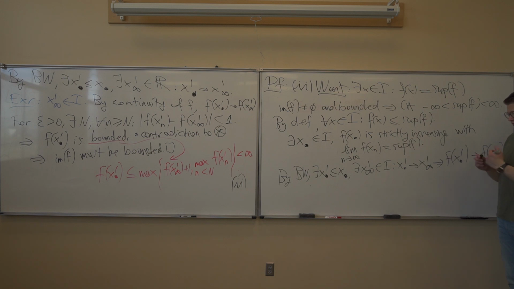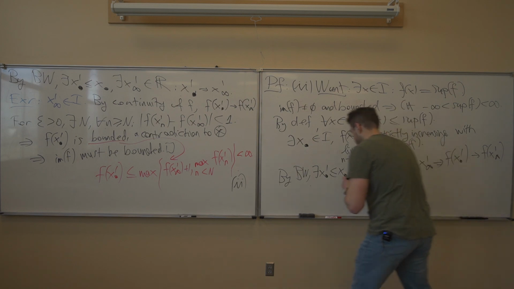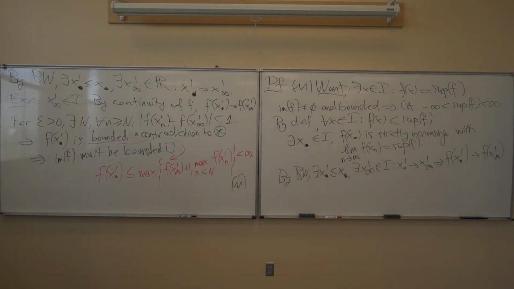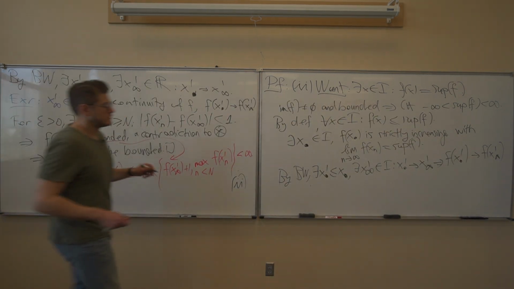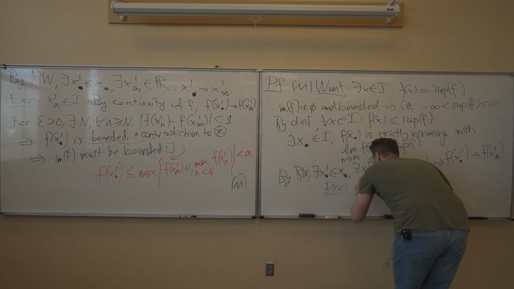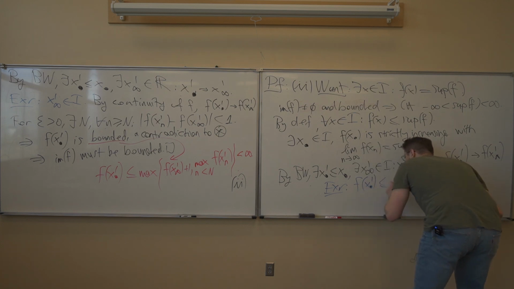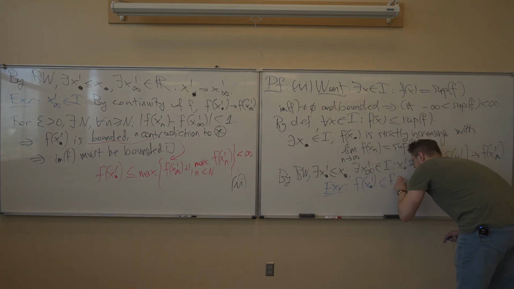And then here's the final step that I'm going to leave to you. If a sequence converges to something, then any of its subsequences too converge to the same thing. Okay? So, exercise. F of X prime bullet is a subsequence of F of X bullet.